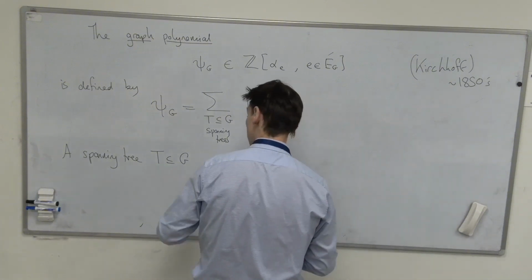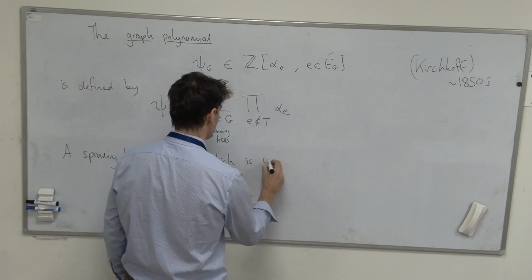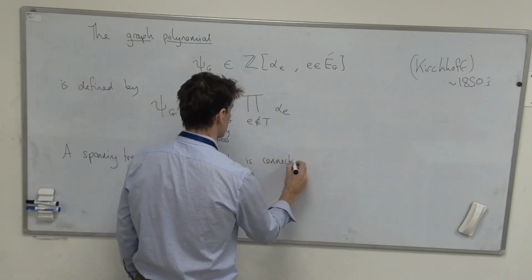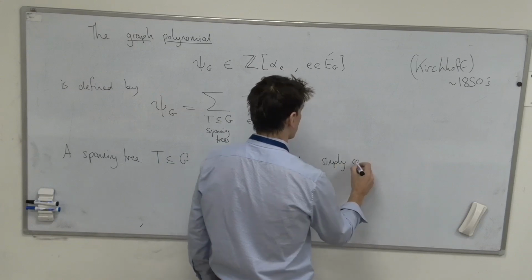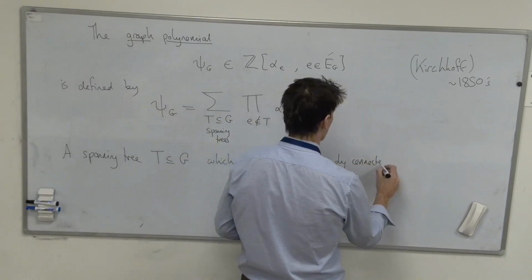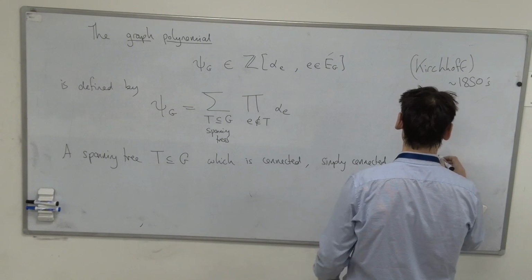So a spanning tree is a subgraph which is connected and simply connected. If you don't know what that means, it means that it has no loops in it, no closed circuits.